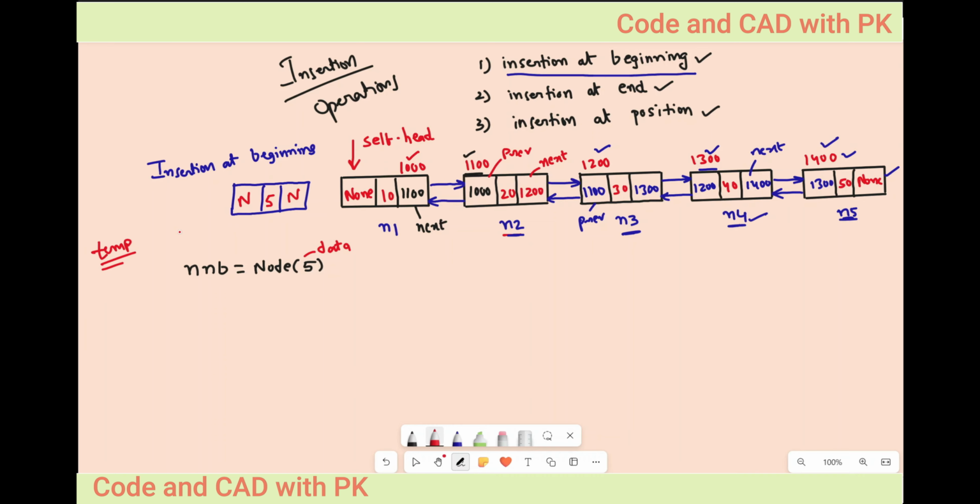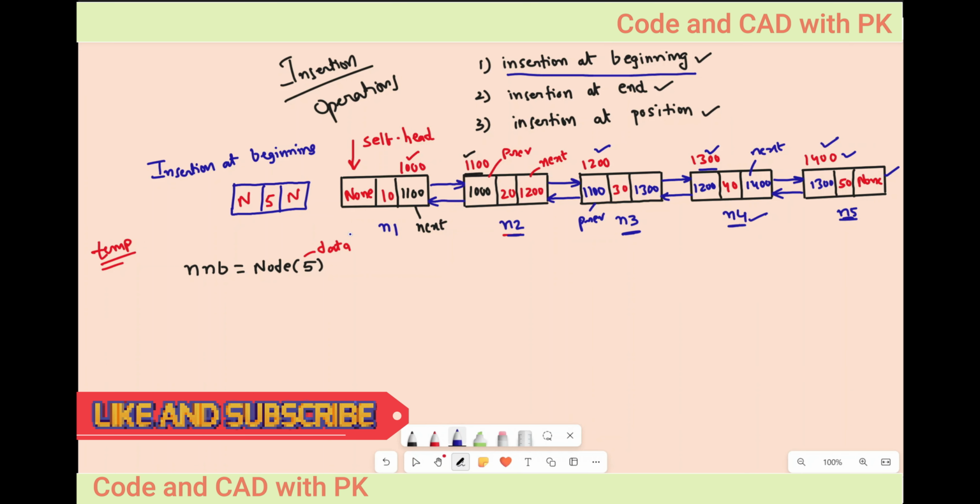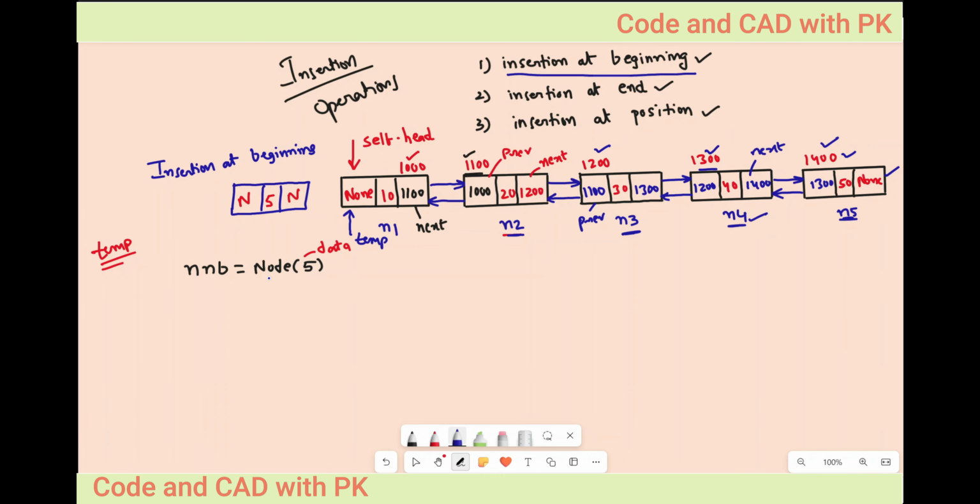So for that I have initialized this temp from this head. So now this is my temp. So temp is equal to, it is pointing to the self dot head. Always first node is self dot head, either single linked list or double linked list.